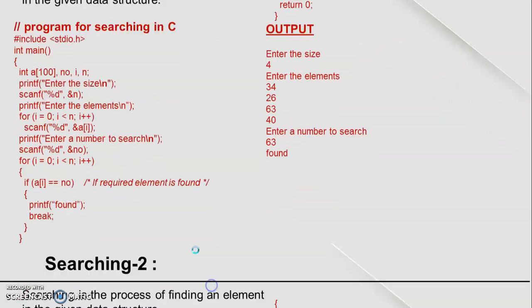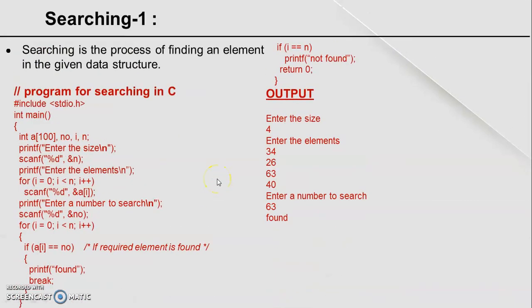In the first logic, after entering all the details, meaning entering the size, entering the elements and entering the number to search, I am applying my logic. In this logic, I am traversing my array starting from 0 till n minus 1, and in between the traversing process, I am comparing a of i with the number.